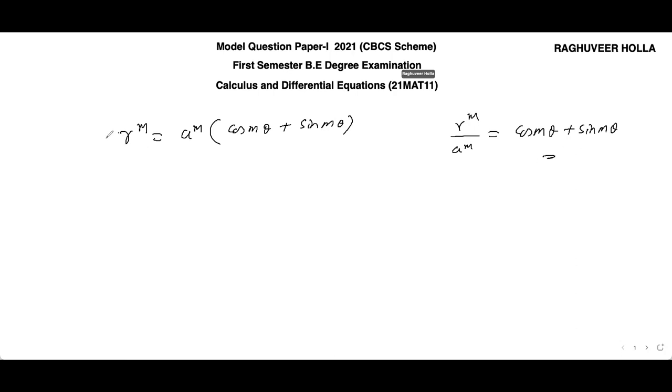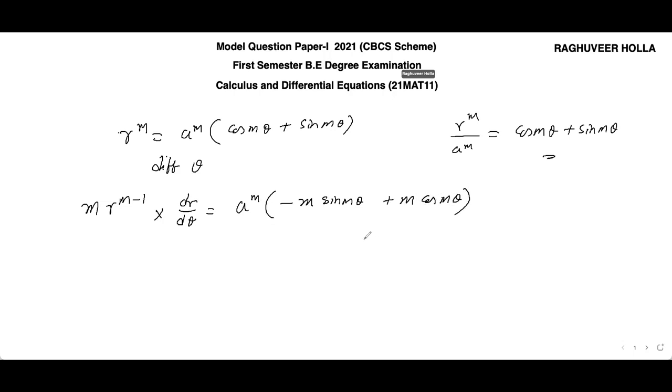Now differentiating this with respect to theta, we get m r to the power of m minus 1 into dr by d theta on the left hand side. On the right hand side, a to the power of m is constant, and this is minus m sine m theta plus m cos m theta.